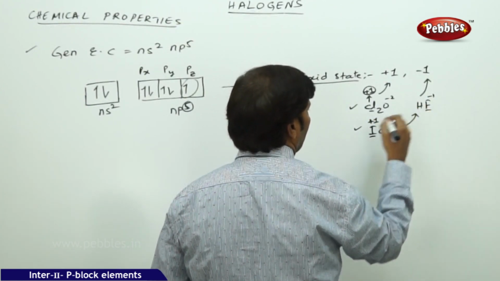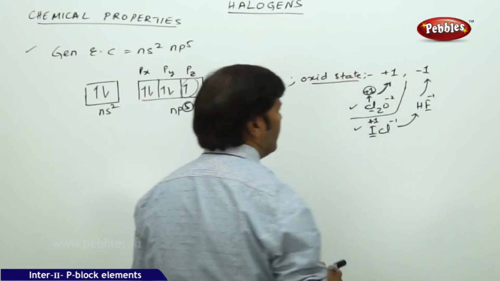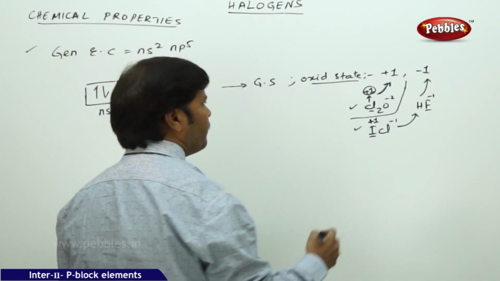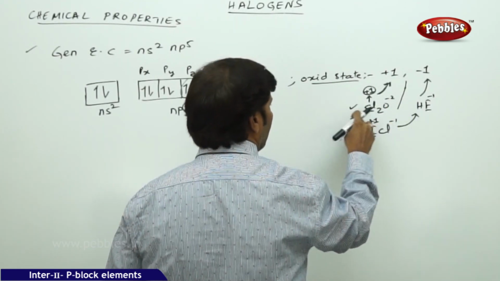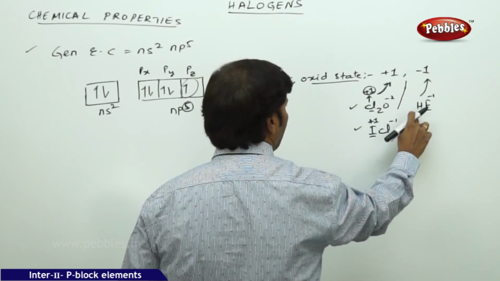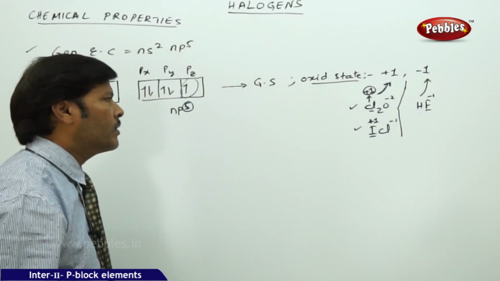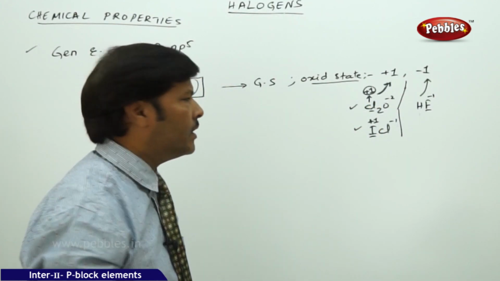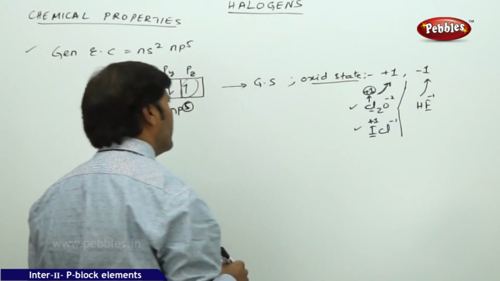So these two cases are the +1 and -1 oxidation states. Iodine chloride and dichlorine monoxide have +1 oxidation state, and in hydrogen fluoride, fluorine has -1 oxidation state.